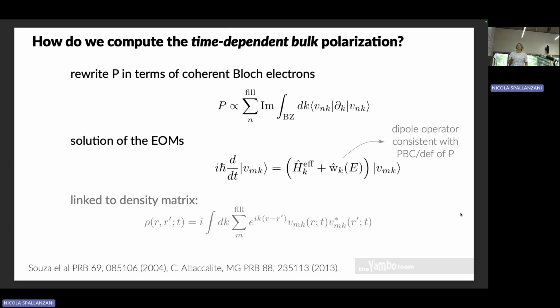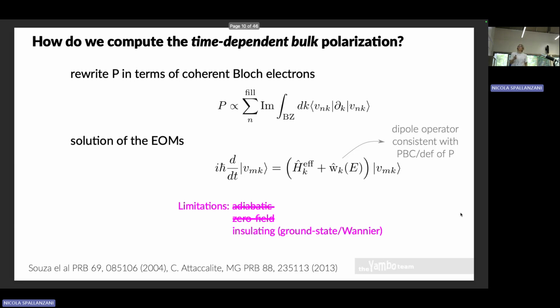Of course, this is just the Schrödinger equation, so you don't have the terms that can lead to dissipation or dephasing, at least not in an ab initio way. Okay, so this has removed the adiabatic and zero-field limitations.